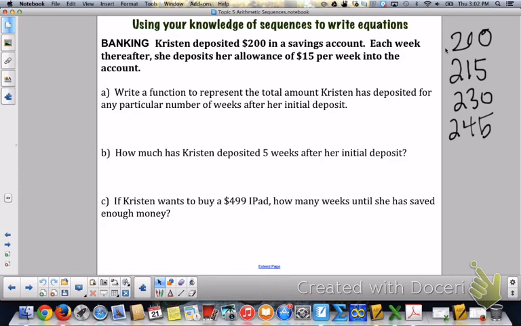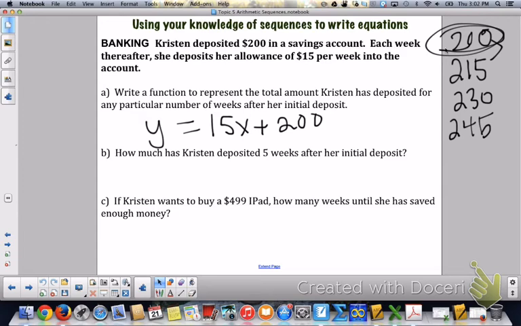So write a function to represent the total amount. Well, what does that change each week? What is that slope going to be? 15. So we have 15x plus the initial value is 200. That's what she started with. So y equals 15x plus 200. Or in function notation, f of x equals 15x plus 200.